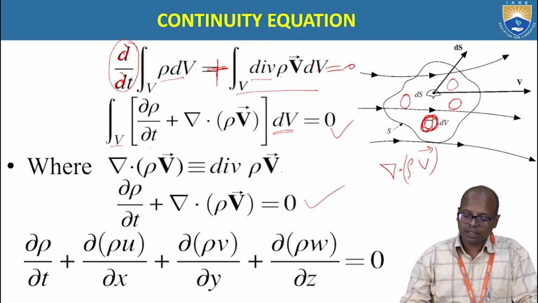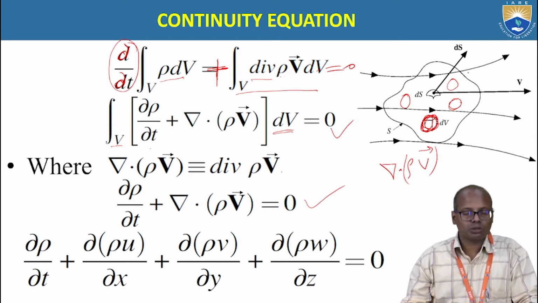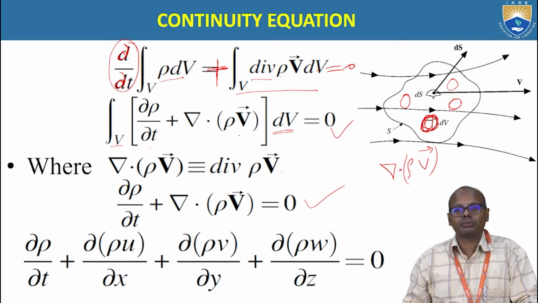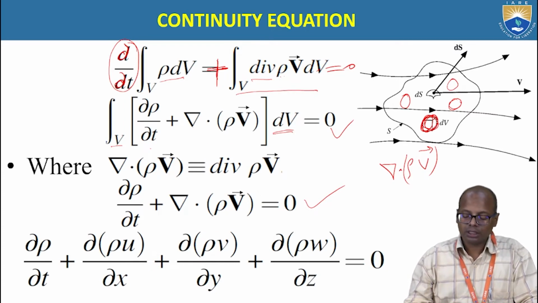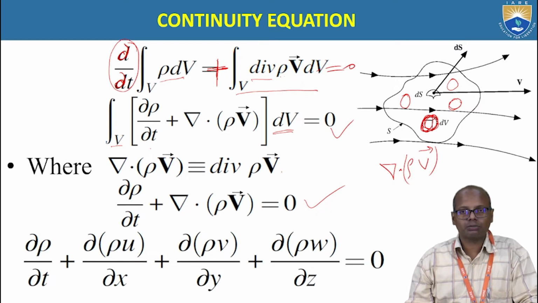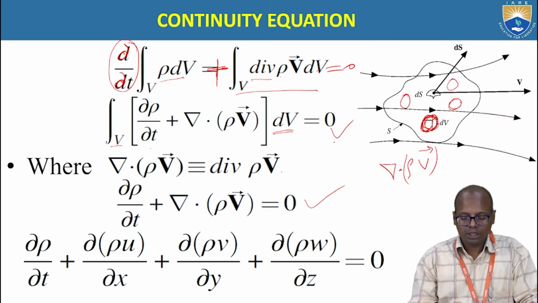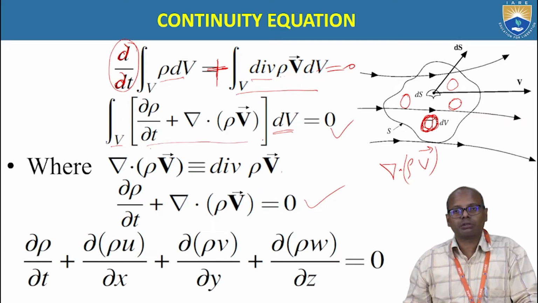For the integral over the control volume to be equal to 0, the integrand must be equal to 0. So that is the concept. Since it is an arbitrary volume, arbitrary shape of the control volume, for the integral to be equal to 0, the integrand must also be equal to 0.